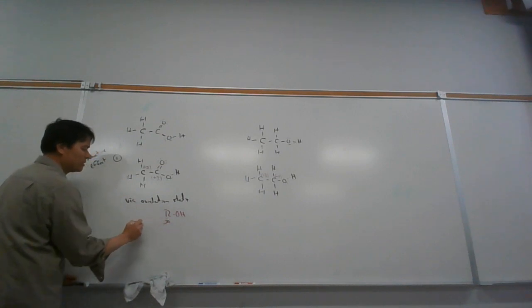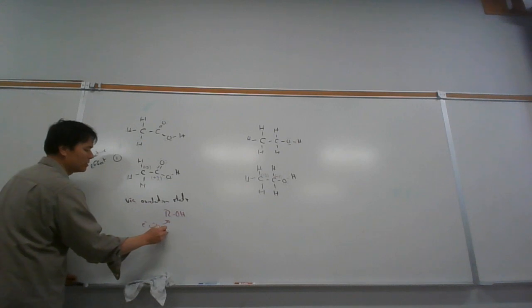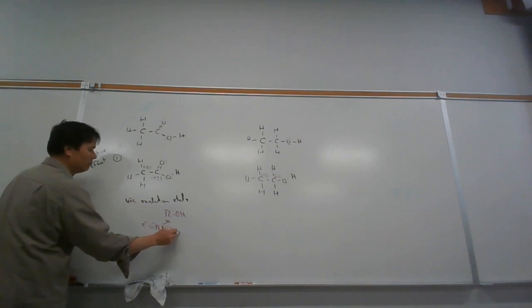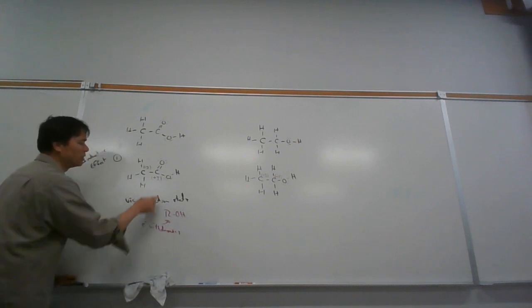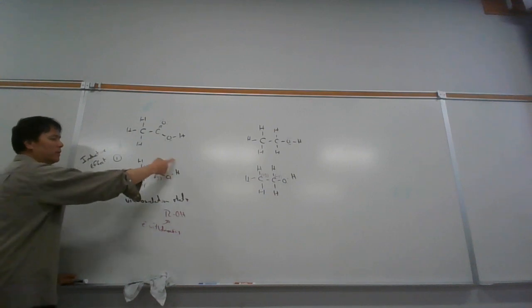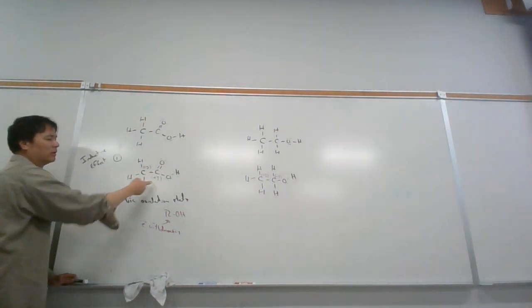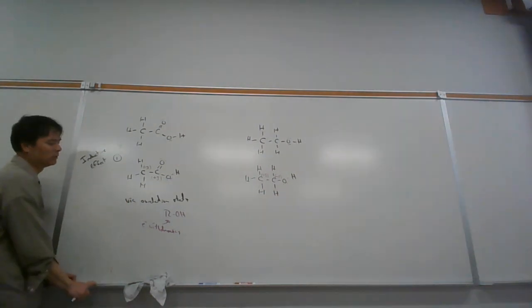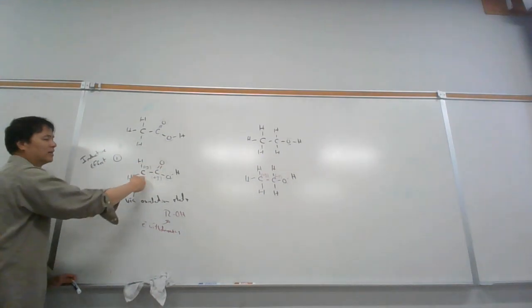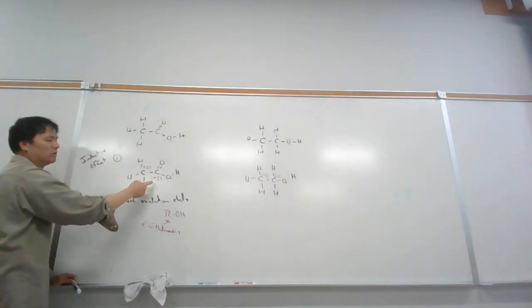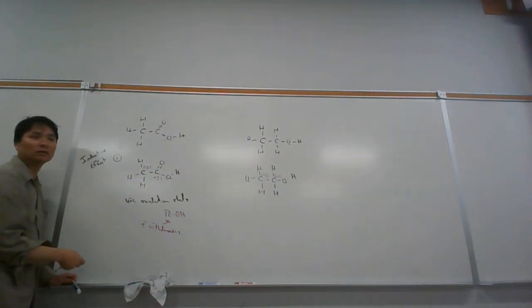This first one is electron withdrawing. Do you see how it's going to suck electron density away from the alcohol, or the OH, the hydroxyl? I should call this hydroxyl because the whole thing is called a carboxyl group. We don't call this an alcohol, we call it a carboxylic acid.